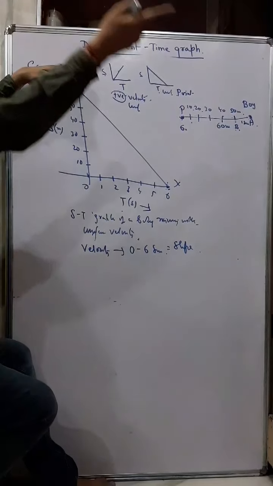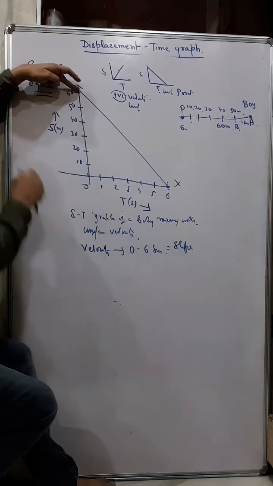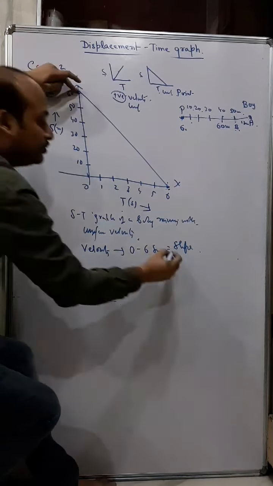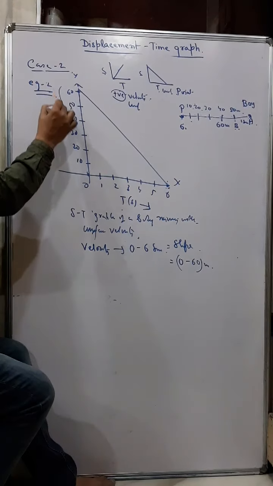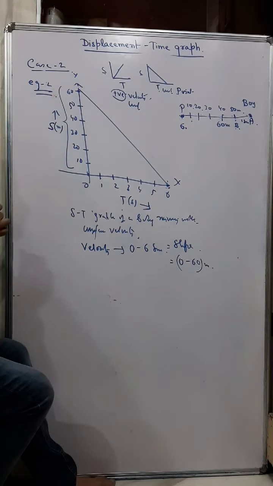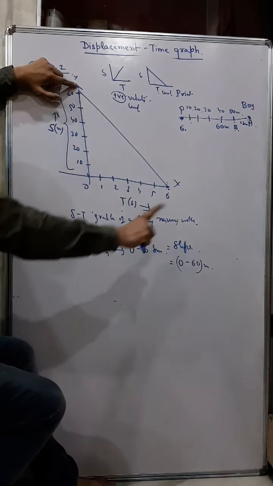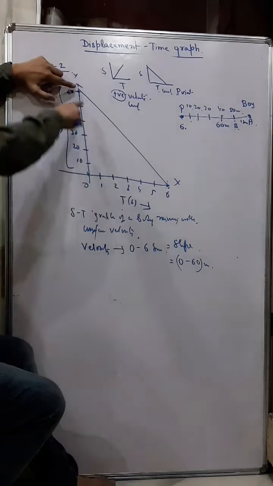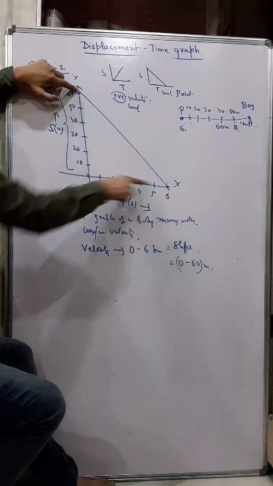If you remember, in the previous one we did 60 minus 0 or 50 minus 0, but here we will do 0 minus 60 meters. Why? Because I told you whenever you get this length, we always do final value minus initial value. Here the initial displacement was 60 and the final is 0.